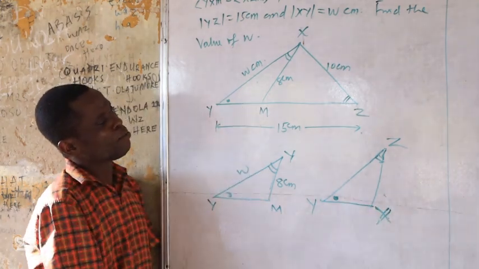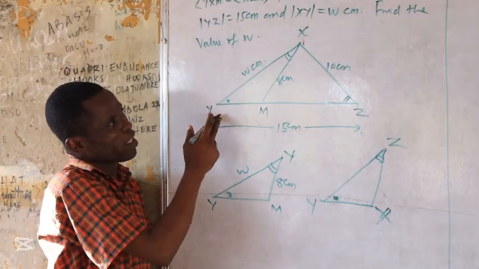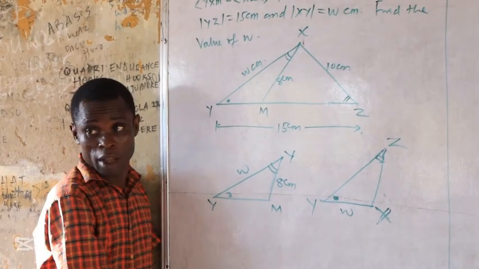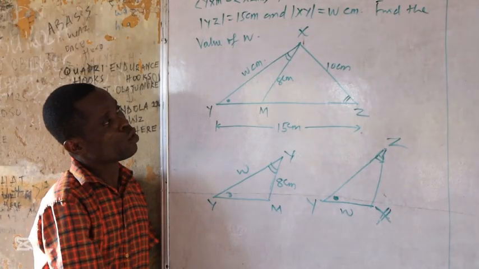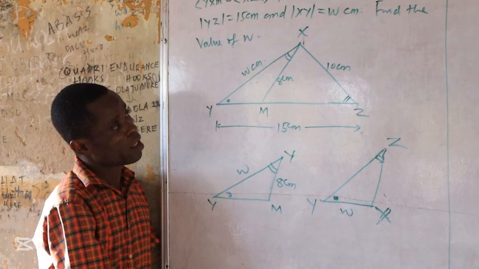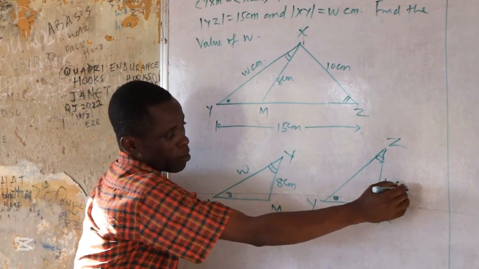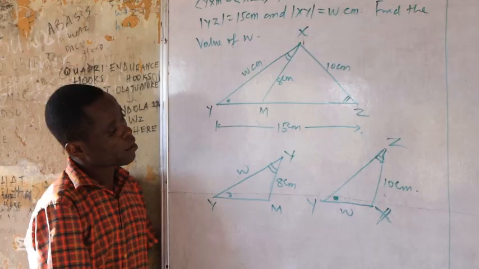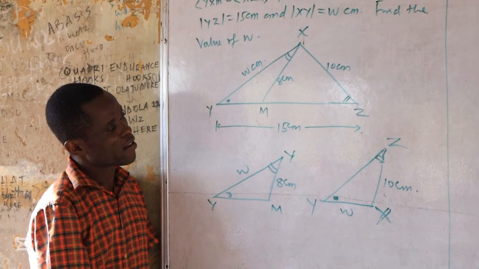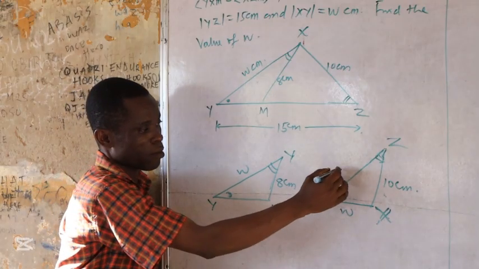Now in the old diagram, XY is W. XY is W. Abi? What else do we have? XZ. XZ is what? 10. XZ is 10. And what is YZ? 15.